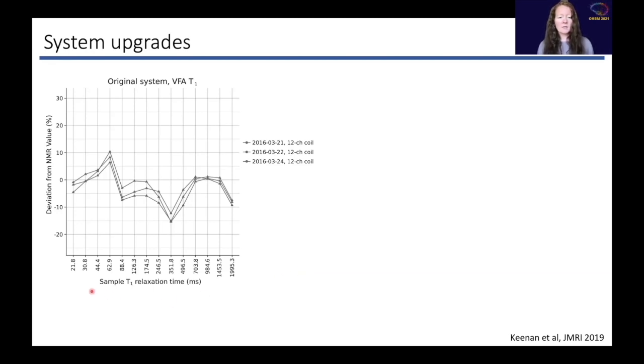And so we have the known T1 times on the x-axis and the deviation from the NMR value on the y-axis. And pre-upgrade, you can see that there is no bias from 0. And we have about a plus or minus 10% range, which is a good measurement, especially compared to what I showed you across vendor systems earlier.